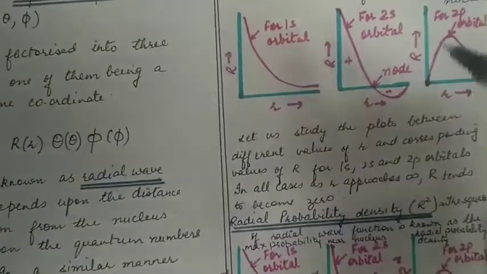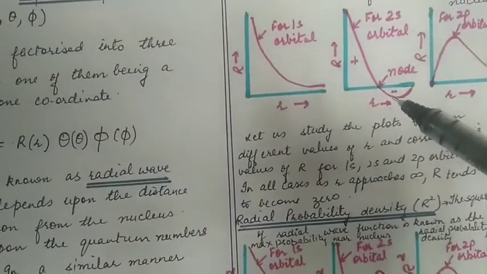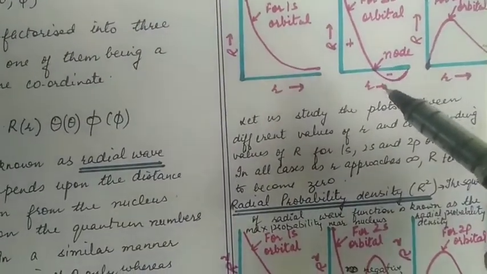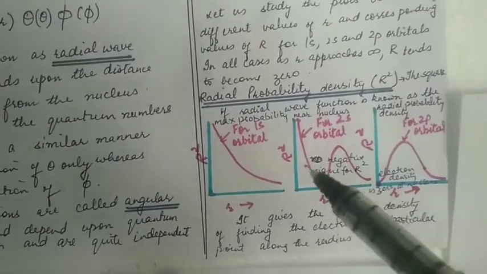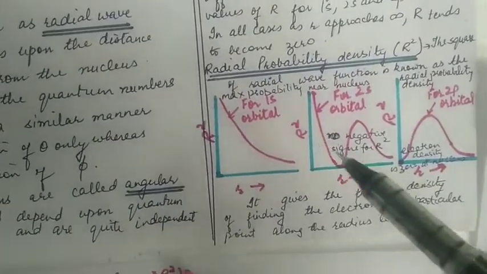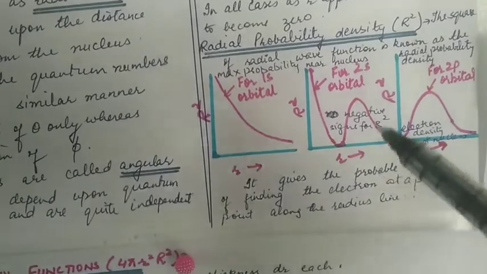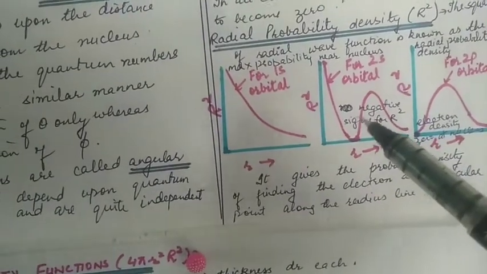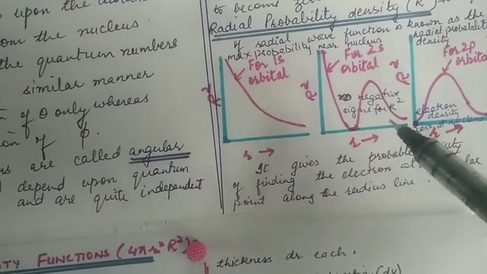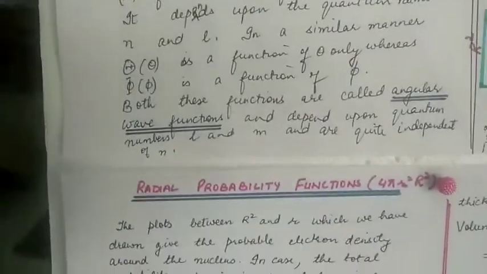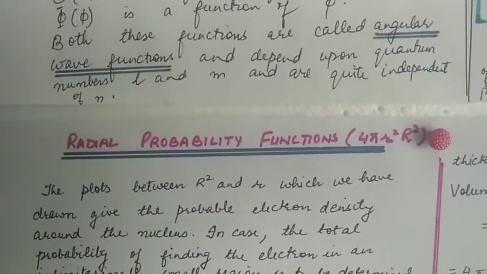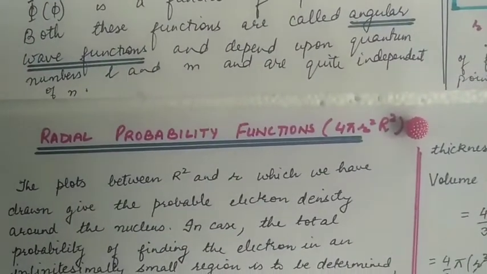Then for 2s orbitals, you see a node and positive and negative signs, but in case of probability density plot against r, you do not see any negative sign for R square. Radial probability functions are denoted by 4 pi r square.